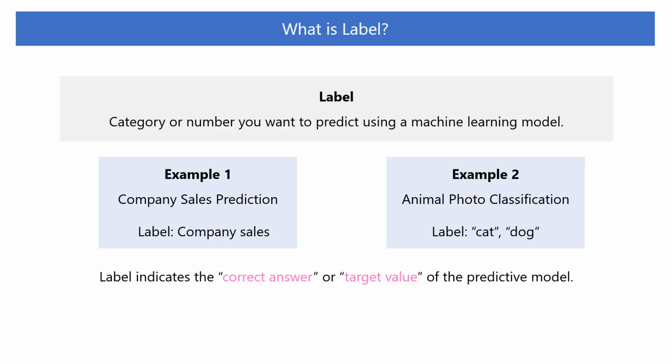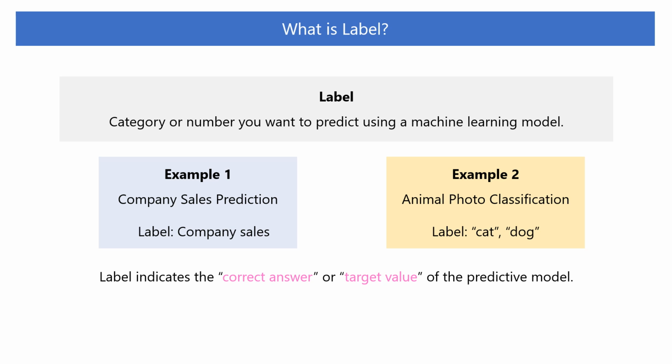To understand the different types of machine learning, we first need to understand the concept of labels. A label indicates the category or a number you want to predict using a machine learning model. For example, when building a model to predict a company's sales, the labels are the variables that record sales.